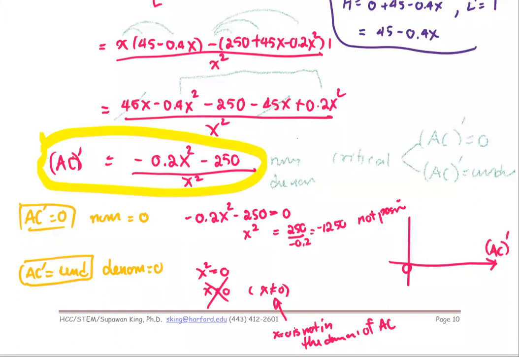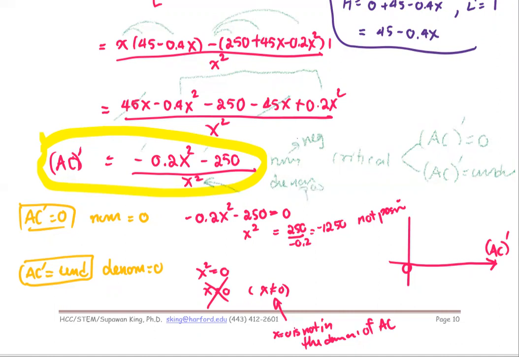The numerator is always negative, because both terms are negative. And we only look at x greater than zero, where the denominator is always positive.